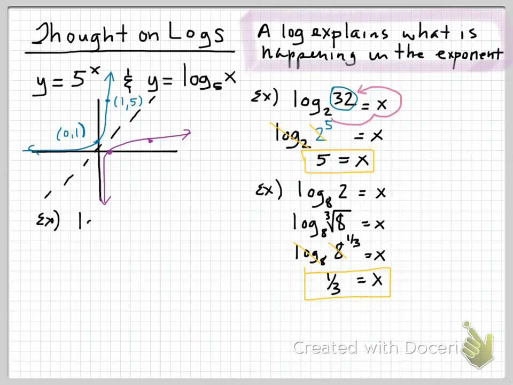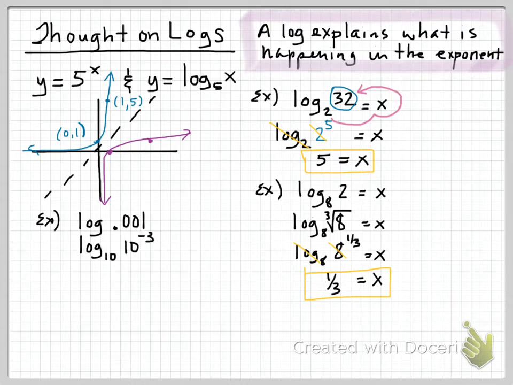Okay, and then the last one, I have log 0.001. Now notice I didn't write a base here, and if I don't write a base, then the base is implied, and the base is 10. So we're looking at what we call a common log. You can call it log, you can call it log base 10, or you can call it common log. All of those are synonymous.